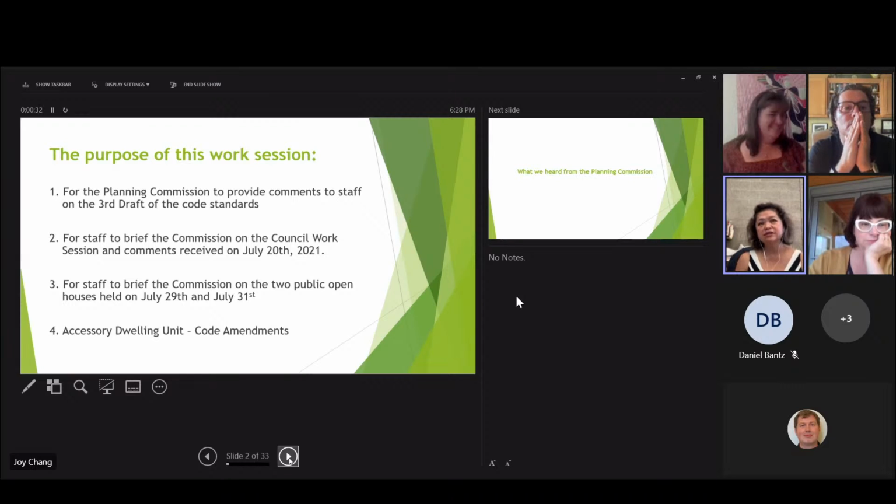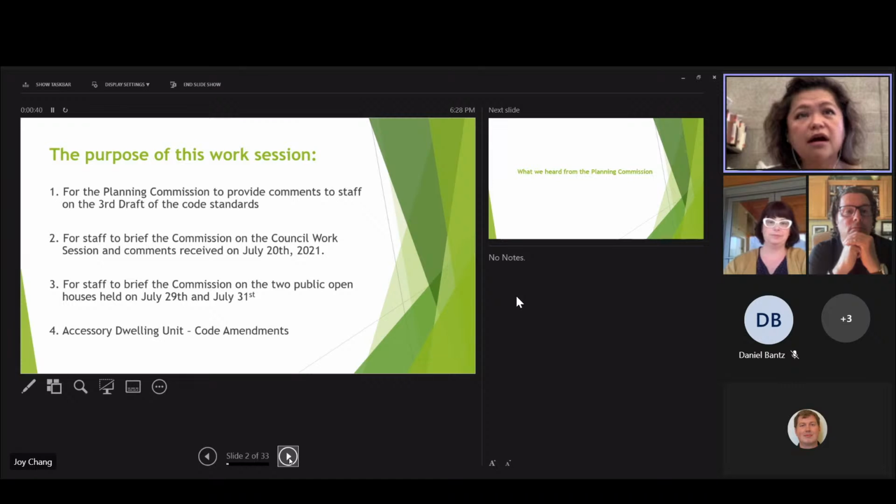And secondly, for staff to brief the commission on the city council work session and the comments received on the July 20th work session, and on the 2 public open houses that were held last week. And also the last would be accessory dwelling units code amendments.